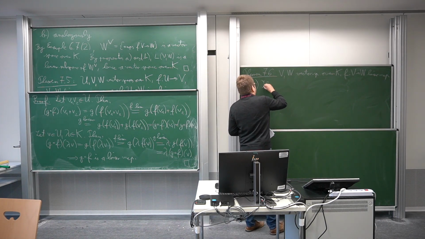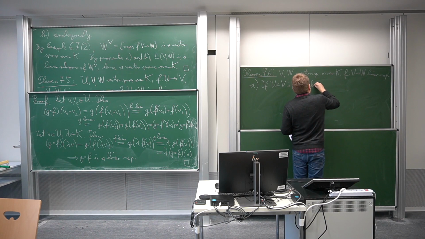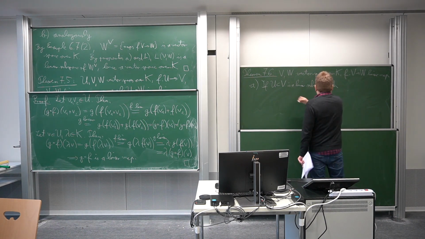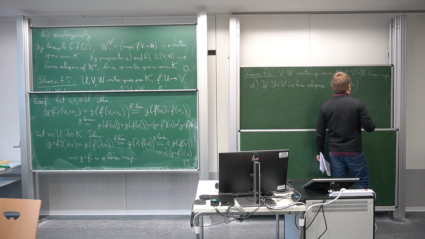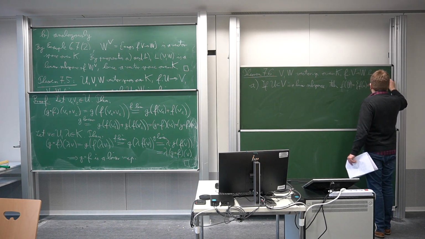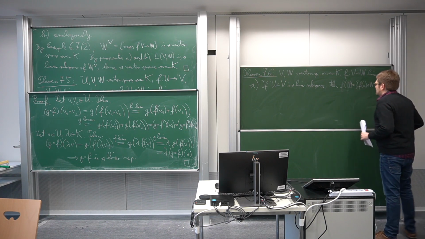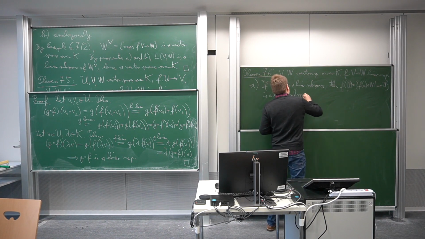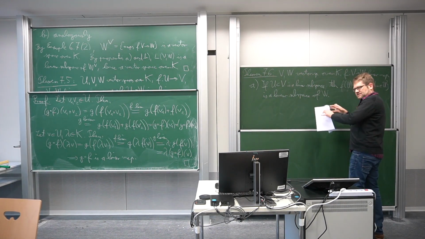Namely, if we take U to be a linear subspace of V, then the compatibility of F with the additions and scalar multiplications implies that the image of U under F, so F of U, which I think I did in chapter 1 of my previous course, is the set of all F of u as elements of W where u is in U. So all elements that we can achieve as images of points in U under F. This is also a linear subspace of W. So to summarize this, linear maps map linear subspaces to linear subspaces.